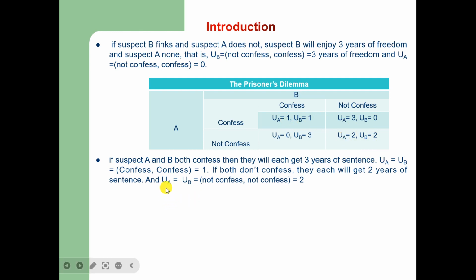That is, suspect A does not confess and suspect B does not confess, and the utility of both is equal to 2.